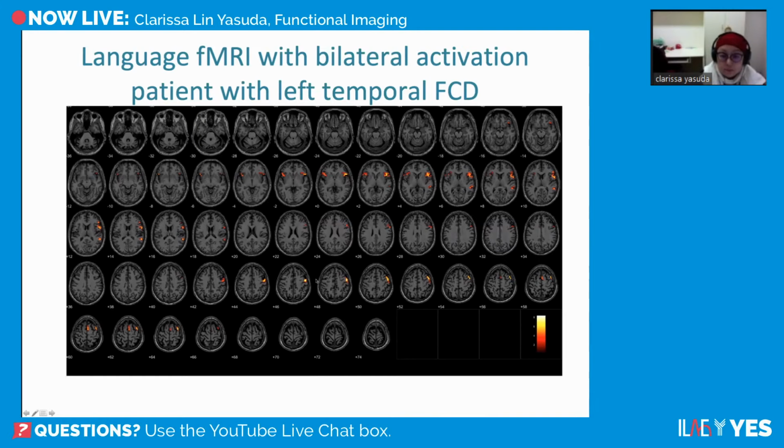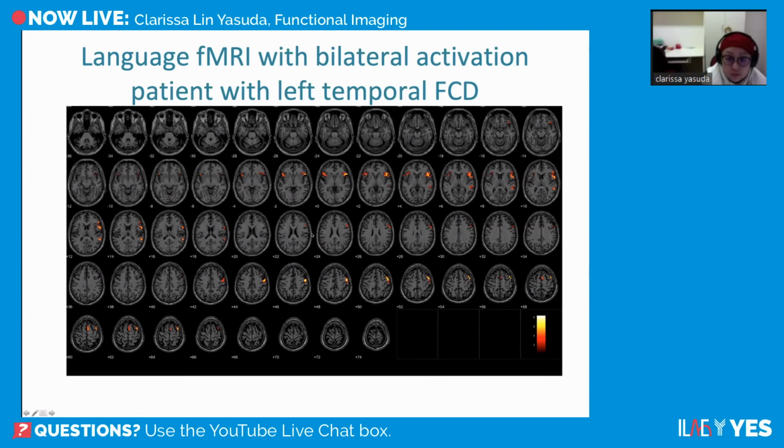So here is another example of ours. We had a patient with another suspicion of focal cortical dysplasia in the left temporal lobe, and we wanted to know whether or not the language area was related to the lesion. And to our surprise, the subject had bilateral activation of the inferior frontal gyrus.